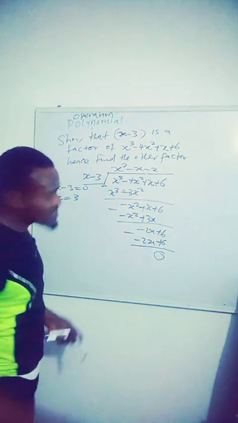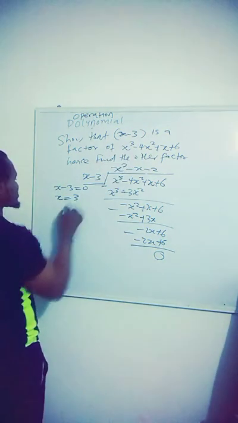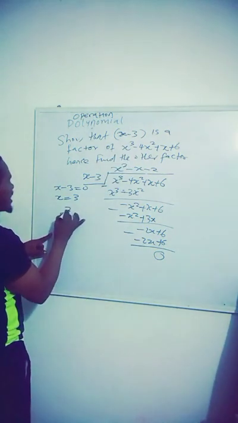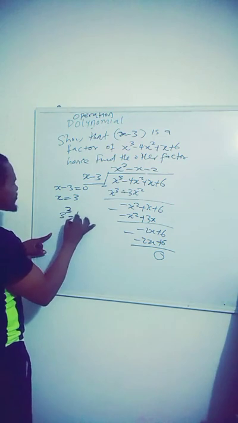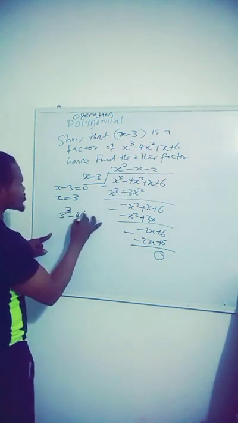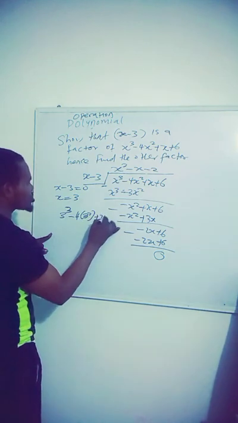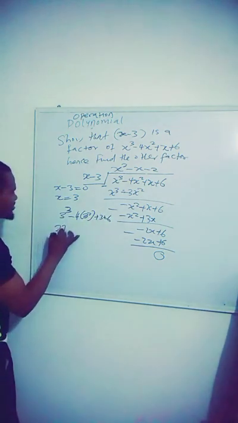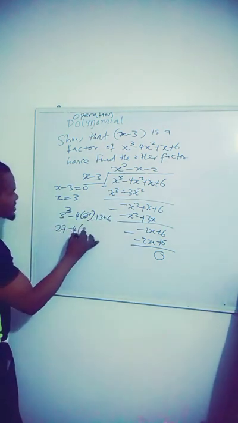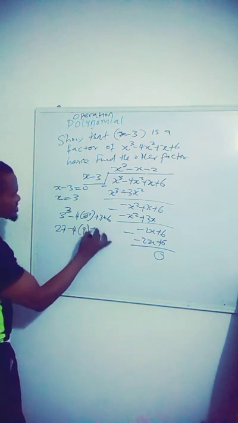Let's try this method too. When x is 3, you have 3 raised to power 3 minus 4 into 3 squared, then plus 3 plus 6. This will give us 27 minus 4 into 9, plus 3 and 6, which is 9.